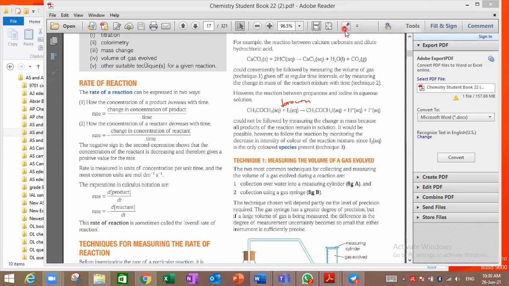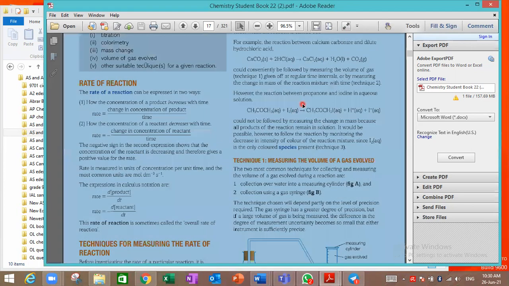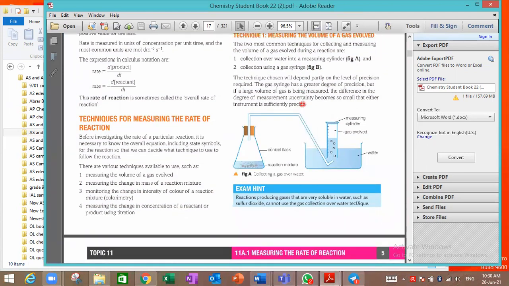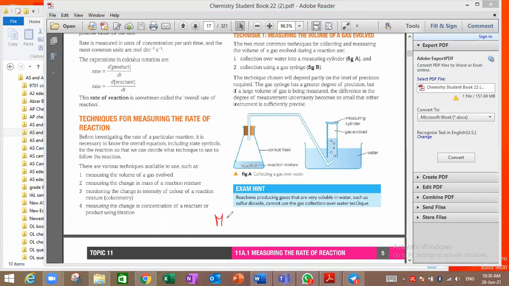Now, let's see, for example, if we have a reaction of magnesium metal reacting with hydrochloric acid to form magnesium chloride plus hydrogen gas. So one of our products is hydrogen gas.